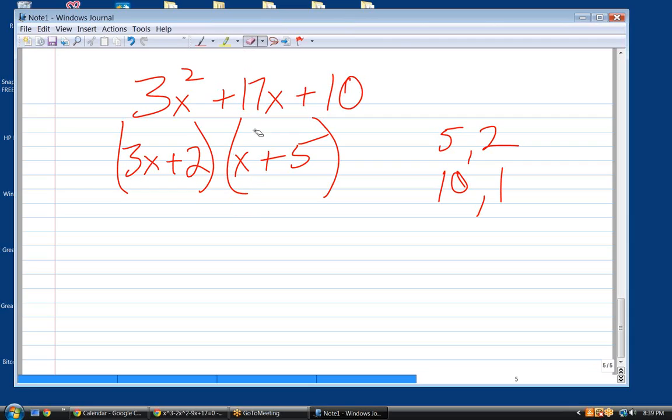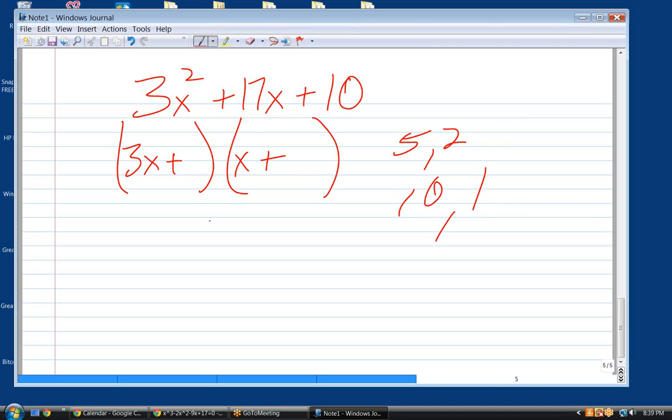It's just trial and error at that point. The moment I get to this step right here, I just want to start listing all the factors of 10. There's 5 and 2, there's 10 and 1, and then I just go to town trying them as quick as I can.